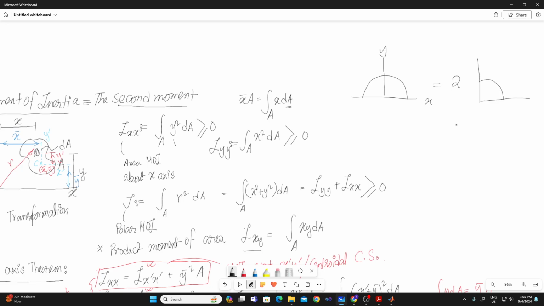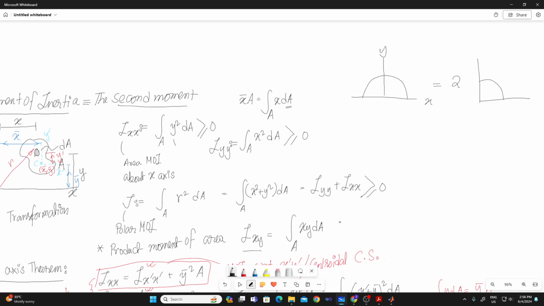So whether you are getting Ixx or Iyy, in either case, because you are integrating either x squared or y squared, both of these would be double when you take the area moment of inertia.